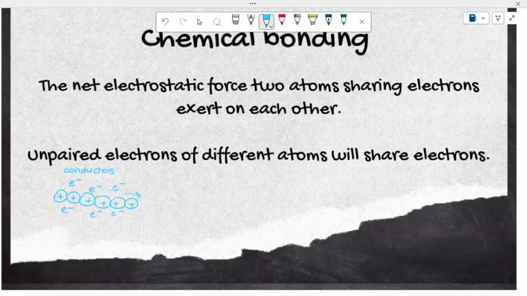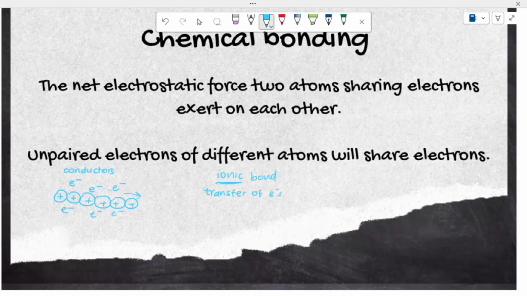Okay, so that's just our metallic bonds, right? Then we have this idea of an ionic bond, right? Ionic bonds give you a hint in the name, where we're going to be working with ions, right? We form ions because it's the whole idea of transferring electrons.